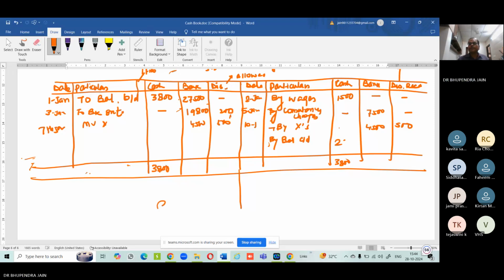2300 is the cash balance. Now the total of the opening balance at the bank account. The total is 51,800. Now check the balance here: minus 7,500 and minus 4,500.